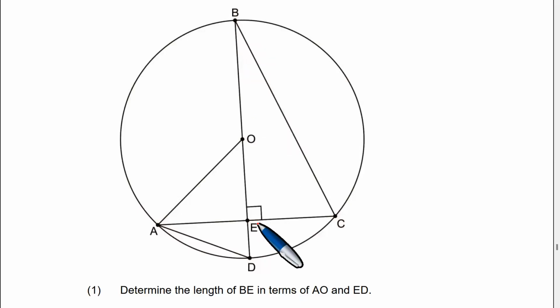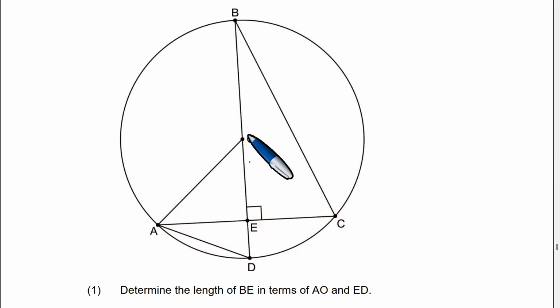Okay, but we can see clearly, looking at the diagram, that BE is equal to what? Here is BE, right? BE is equal to twice OA, the radius, minus ED.